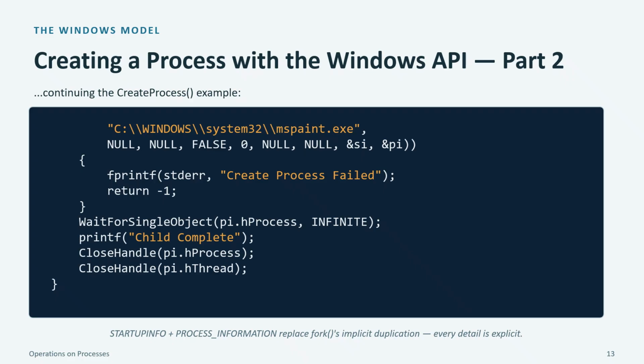The parent waits until the child process completes. After that, the program prints "Child Complete". Finally, the program closes the process and the thread handles using CloseHandle. So the major difference to remember is that Windows makes many process creation details explicit through structures such as STARTUPINFO and PROCESS_INFORMATION.